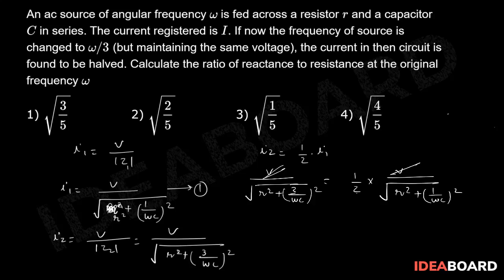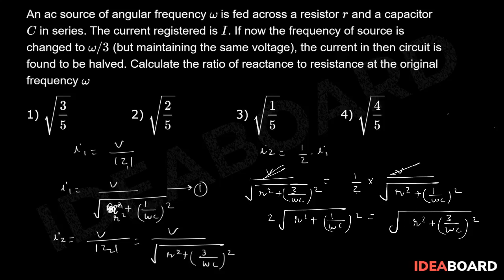This 2 will go that side, or else I can write that this whole term goes to the other side: under root of small r square plus 1 upon omega C whole square, which will be equal to under root of small r square plus 3 by omega C whole square.